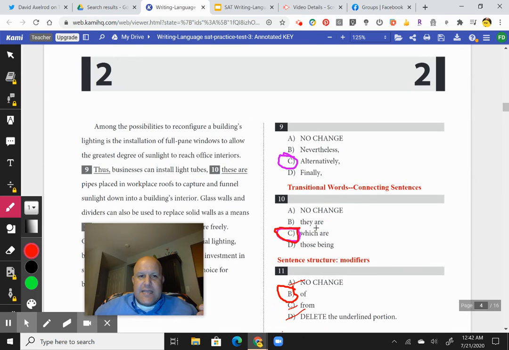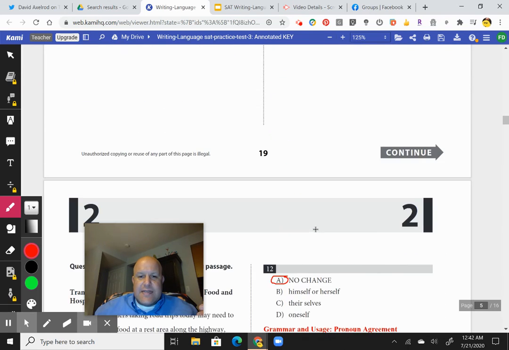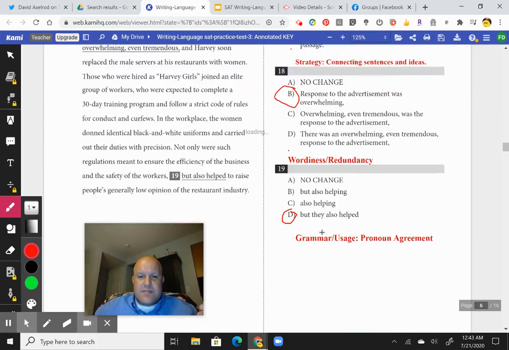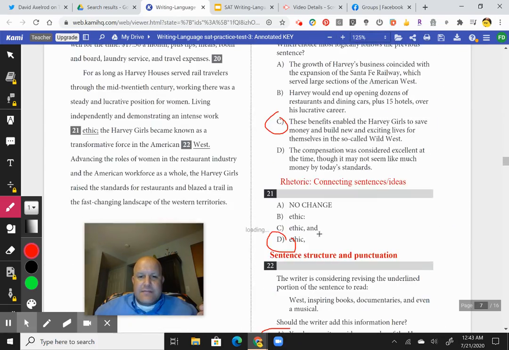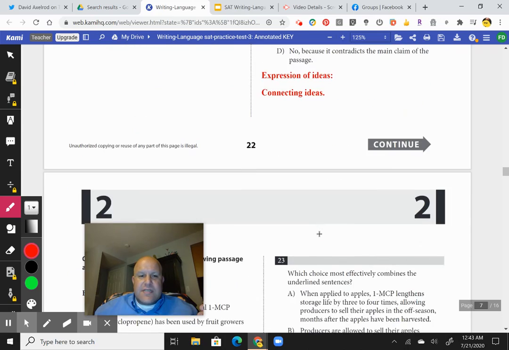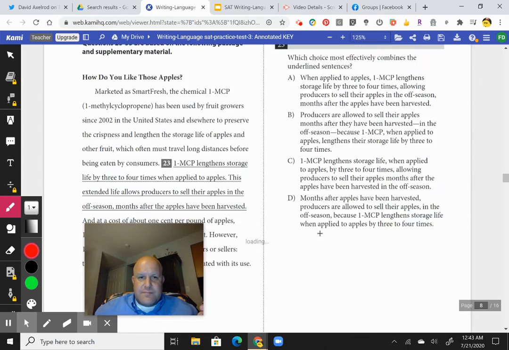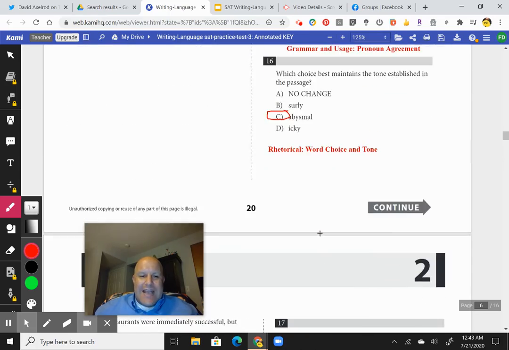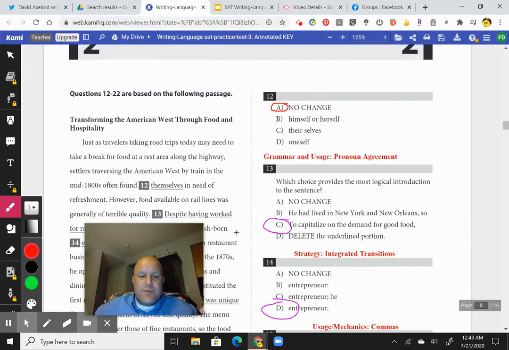Understanding the types of questions and how to tackle them as you're going through is a big step in succeeding and going through these questions successfully.